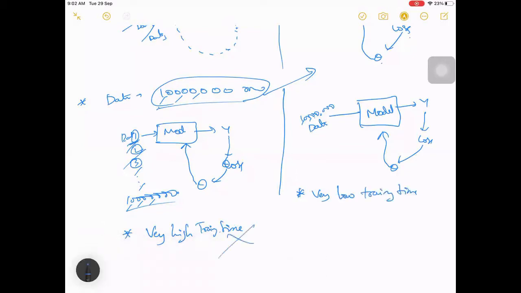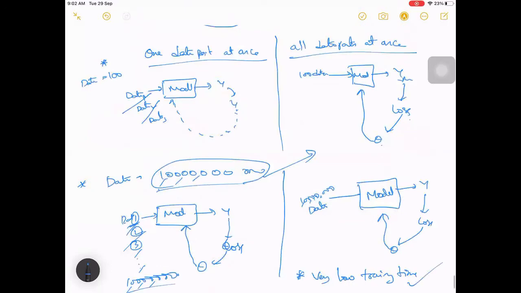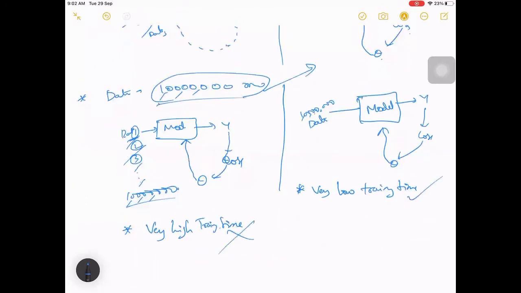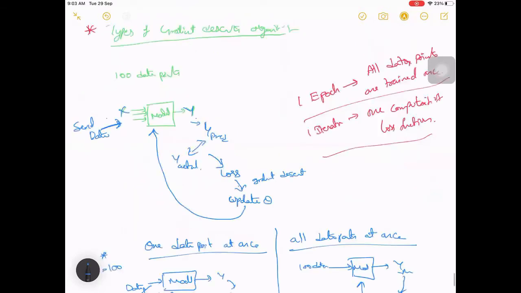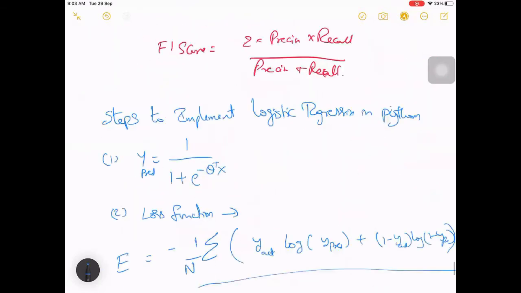This is recommended. But think of this scenario: we are sending these 1 crore data points at a time, and inside there will be computation for these 1 crore data points. Our system should have the capability to handle such big data at once, because for each data point it should calculate all these things.